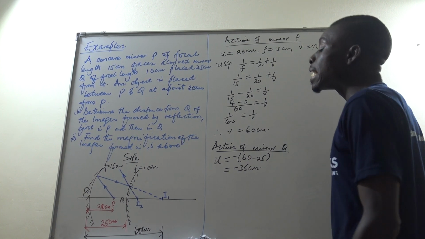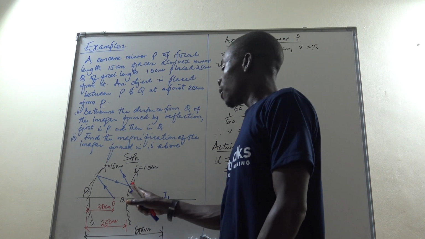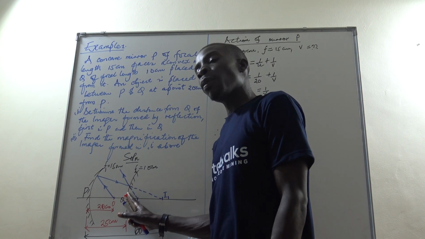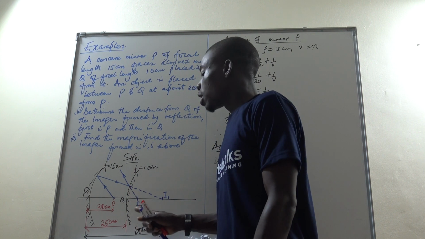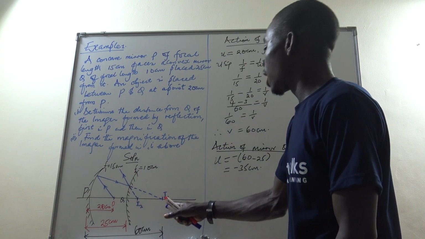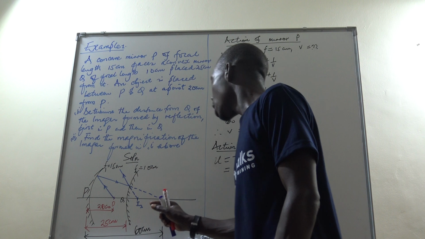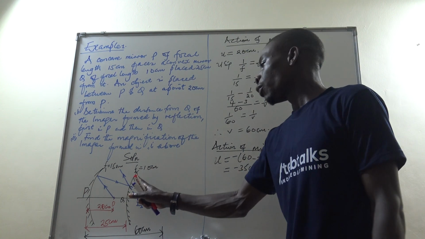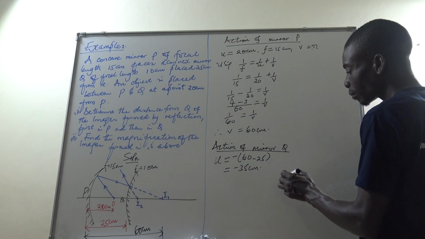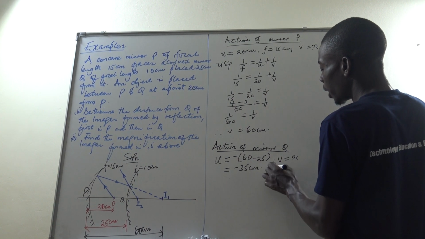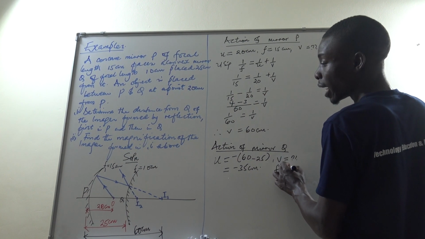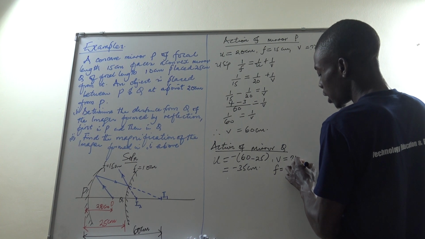We are saying it is negative because with respect to this mirror it is actually not there. It does not actually appear here, it has been shifted, so it is virtual for this mirror. And we are saying V is what we need, and F is negative 10 centimeters.